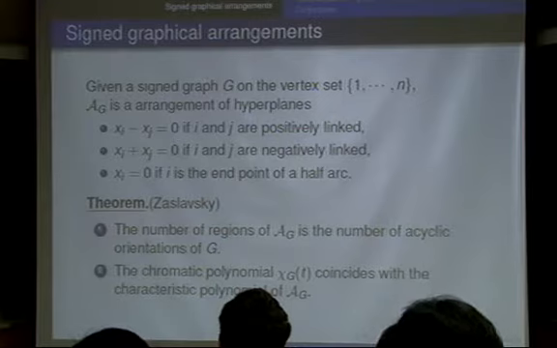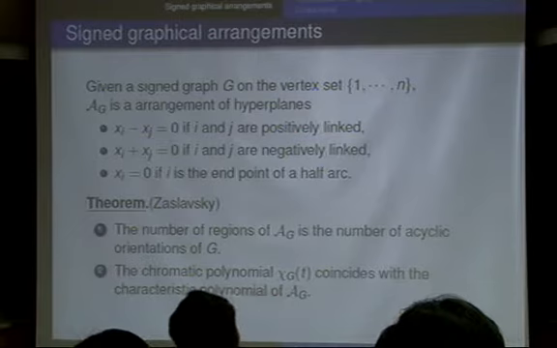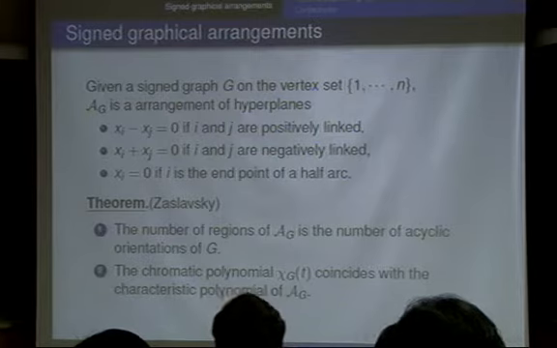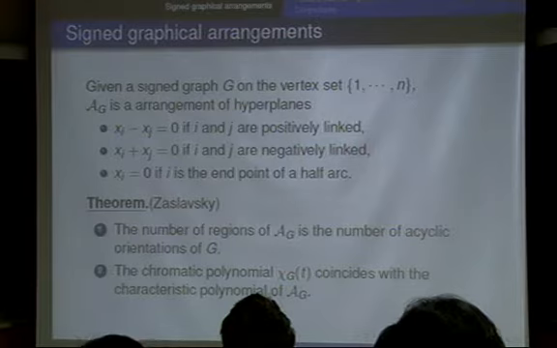The chromatic polynomial gives us the number of ways to color the graph with T colors, and it coincides with the characteristic polynomial of the hyperplane arrangement.